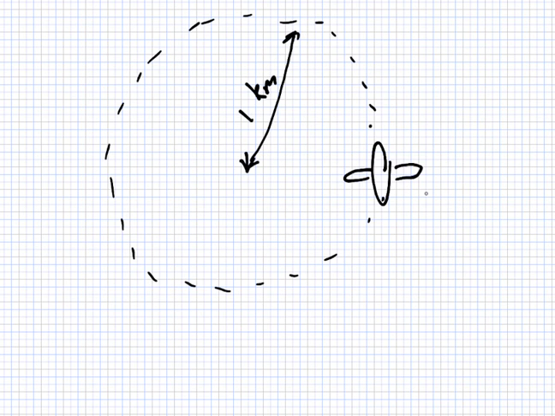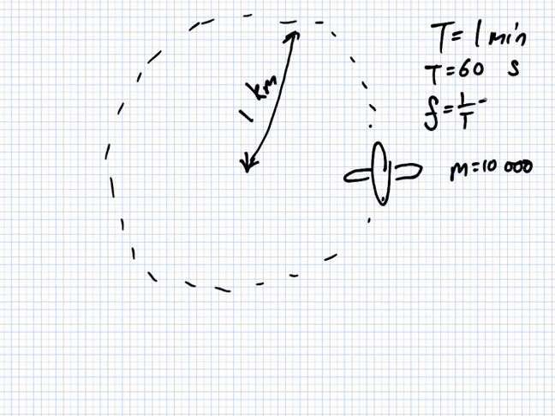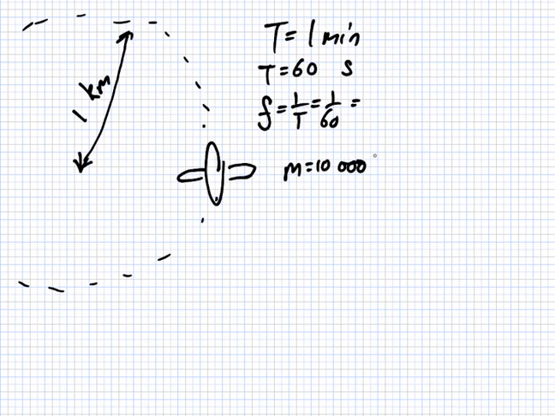And I tell you its mass is 10,000 and the time is 1 minute. So that means the time is 60 seconds. So that means F, which is 1 over T, is 1 over 60. What's that, please? 0.0167 hertz.